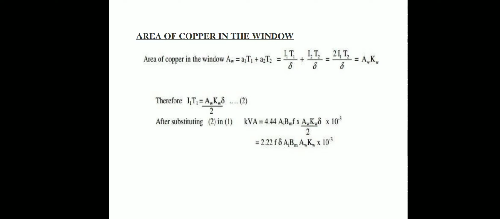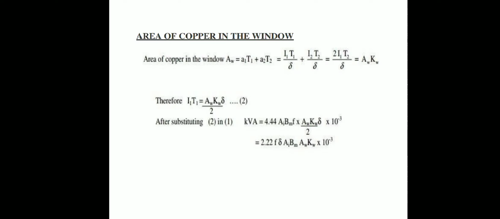Area of copper in the window, AW is equal to A1 T1 plus A2 T2, which is I1 T1 by delta plus I2 T2 by delta, twice of I1 T1 by delta is equal to AW KW. Therefore, I1 T1 is equal to AW KW delta upon 2. That is equation number 2.